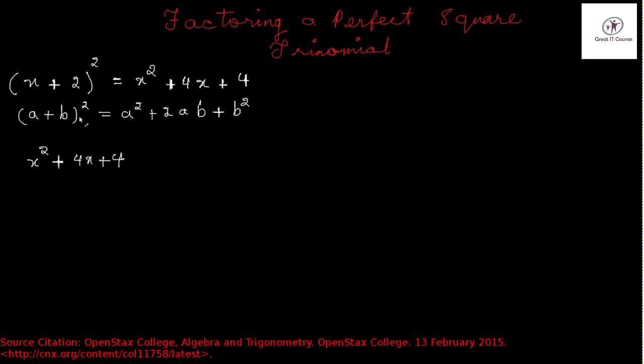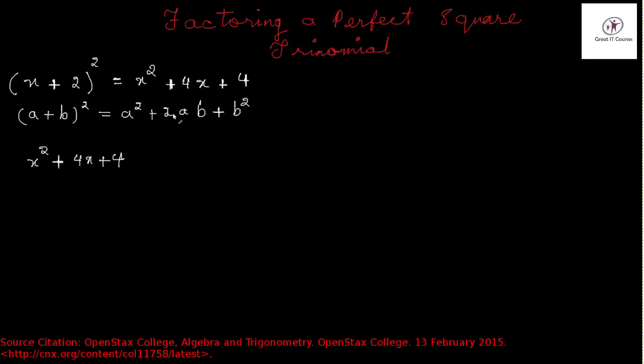Because I know that a plus b whole squared is equal to a squared plus 2ab plus b squared, I kind of guess that this expression looks like this. And if I can figure this out, then I can write this as a plus b whole squared, or exactly x plus 2 whole squared. But I still don't know. I have to first try and see if that works.